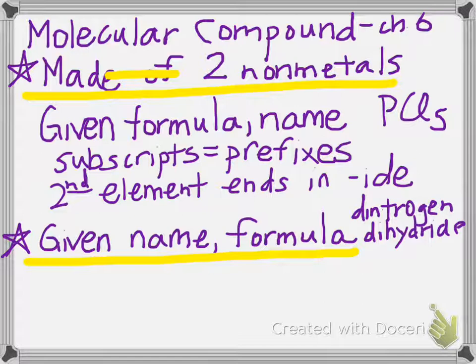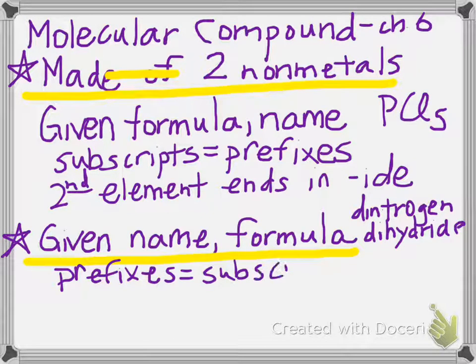So again, remember here, we just take that subscripts equals prefixes and we flip it around and we say that the prefixes equal our subscripts. Okay, so dinitrogen dihydride means, because we have di, that means our subscript is going to be 2. So this is N2H2. Don't know if that compound exists, but it works for an example.